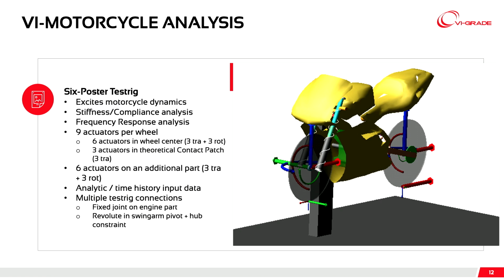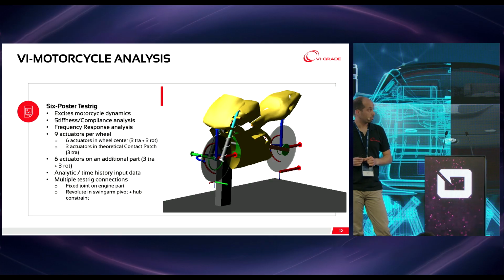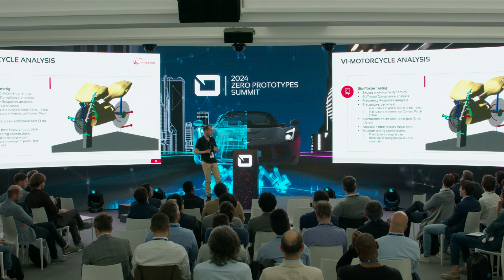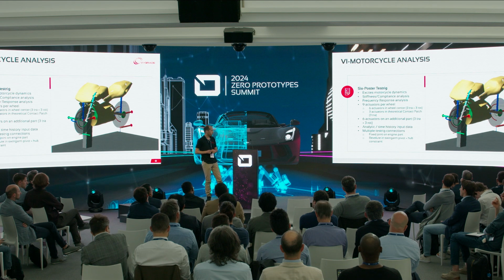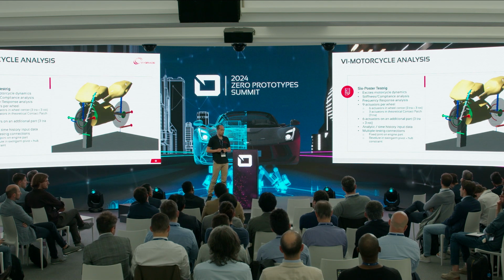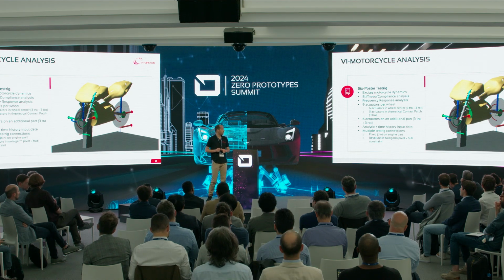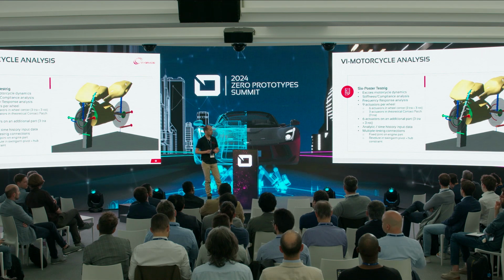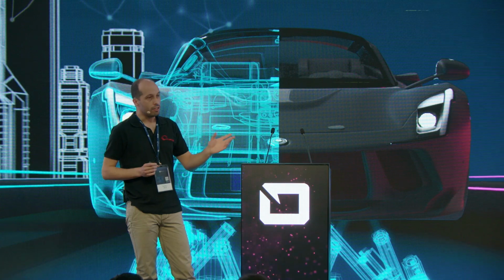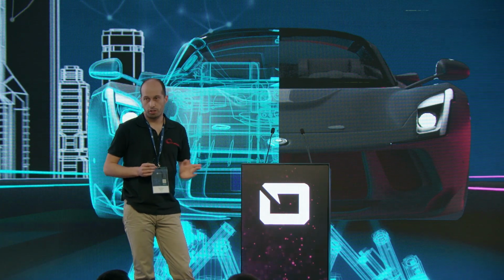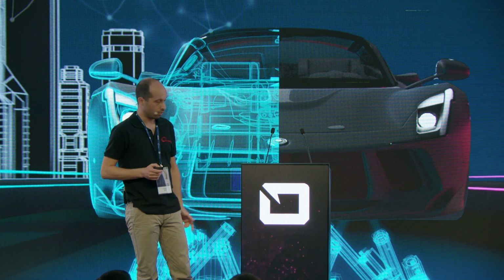Furthermore, you have an additional actuator, composed also in this case by 6 actuators in 3 rotational and 3 translational directions, and you can apply the dynamic loads that you want, either with analytic function or with external experimental file, and it allows to, for example, investigate the stiffness of your suspension or the compliance.